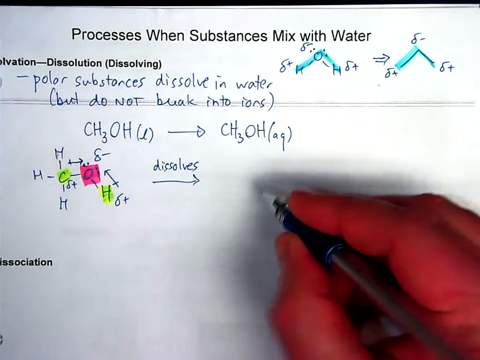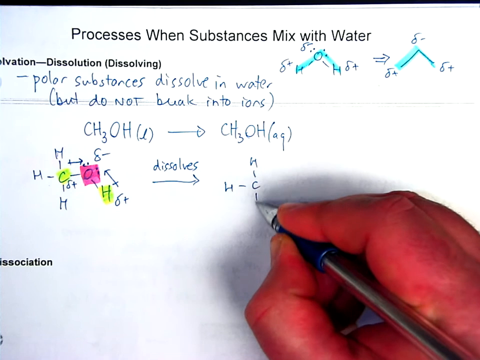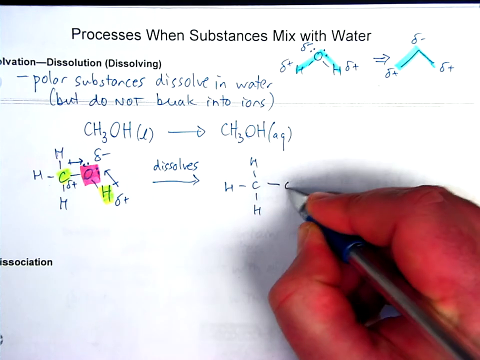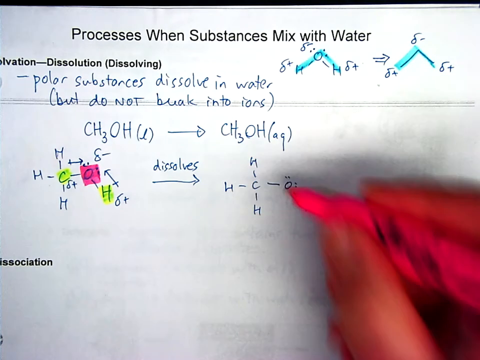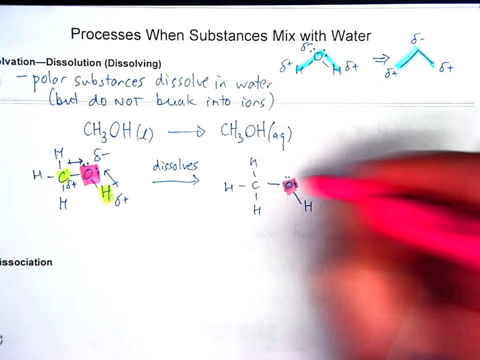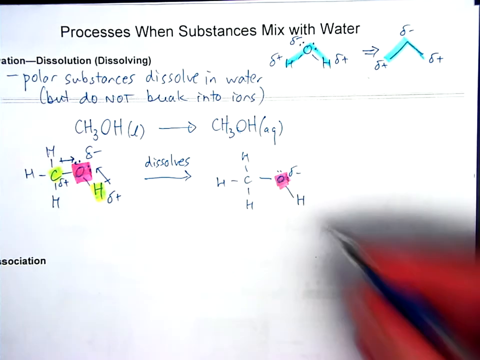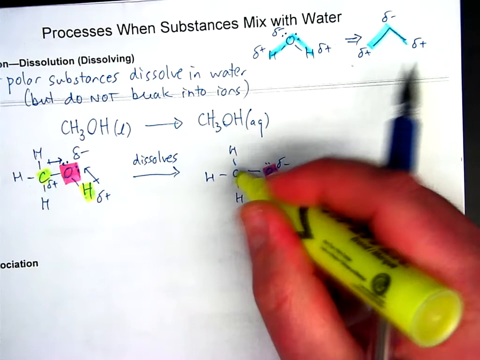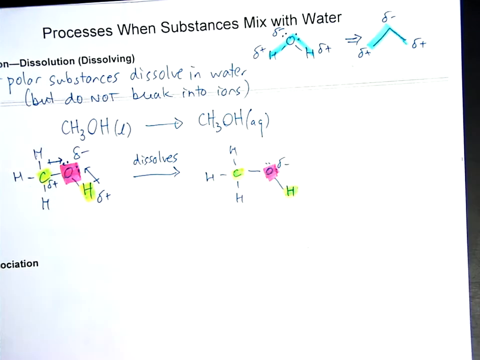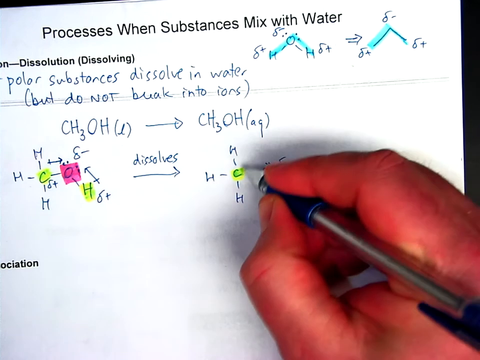Okay, so when that happens, if we look again at the structure, we've got oxygen here, which is slightly negative. Hydrogen and the carbon are slightly positive. These are the most accessible parts, the oxygen and the hydrogen.